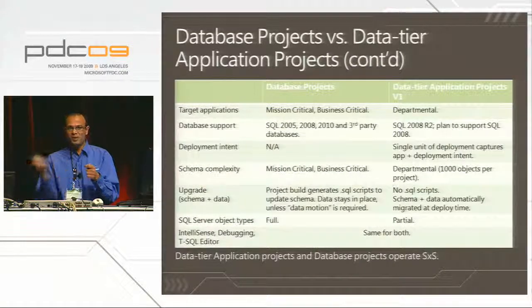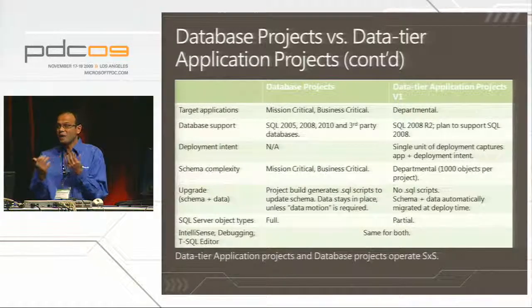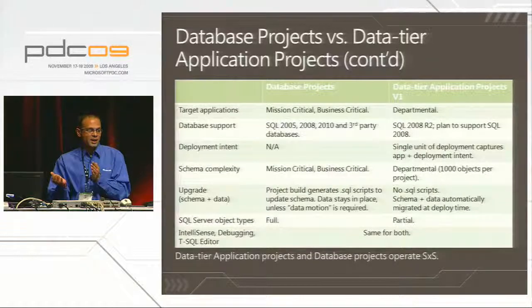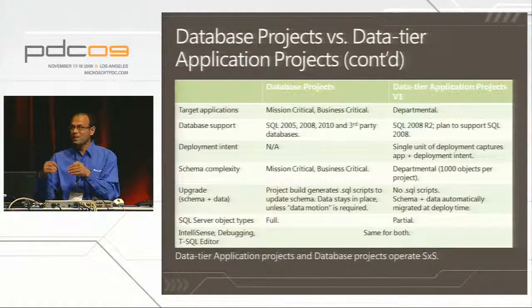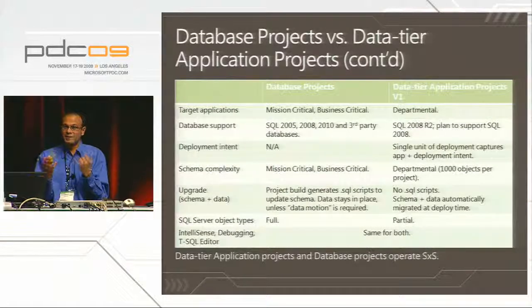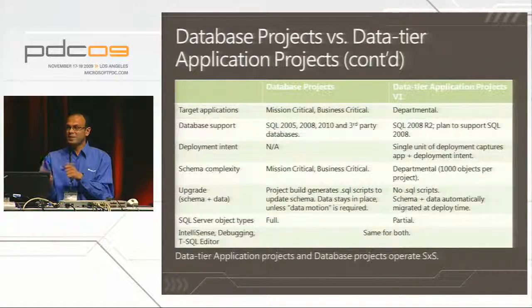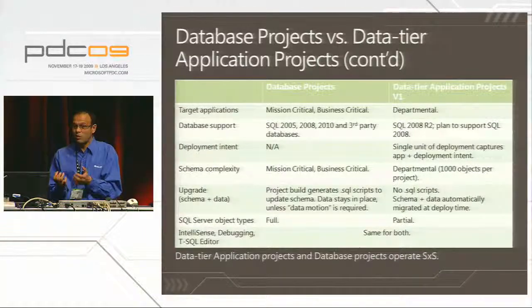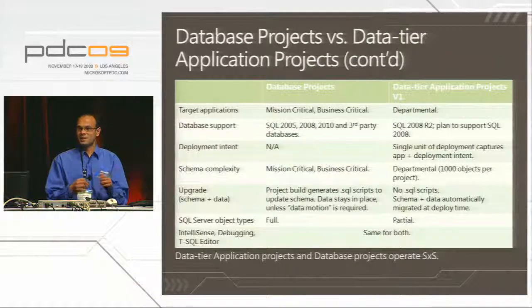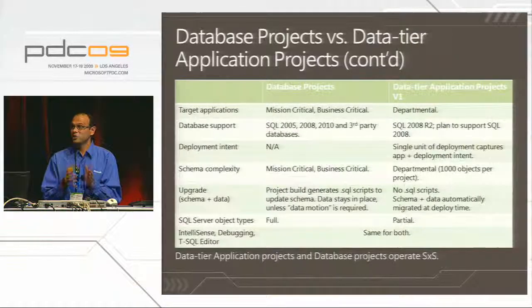That said, on the right-hand side, for data tier applications, there are no SQL scripts. When you take that DAC and you deploy it, the deployment pipeline essentially takes care of doing what we said earlier, the drift detection thing, and it migrates your schema and data automatically. Works in most cases, and yes, there are gotchas, but the target is solely departmental apps.